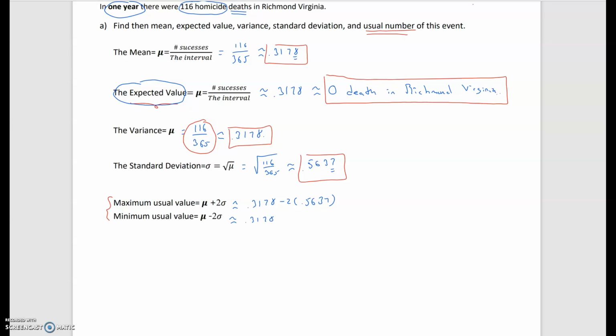Whoops, I have it backwards. This is the plus and this is the minus. So 0.3178 minus 2 times 0.5637.